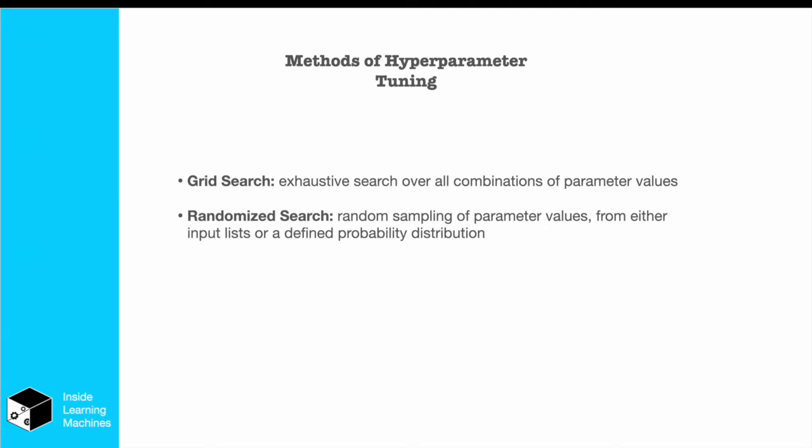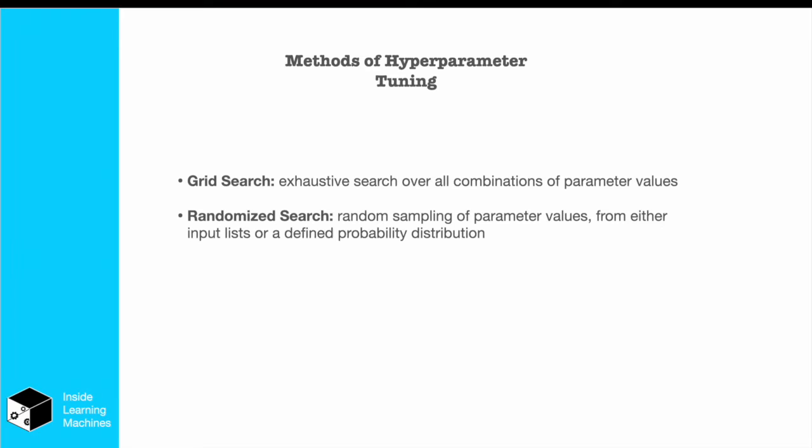Now the next method we'll be looking at is randomized search. Now in this case, what we do is random sampling over the possible parameter values. Now, we can do this in one of 2 ways. We can either define the parameter values as a set of lists, a list of parameter values for each hyperparameter, similar to what we did with grid search, or we can define a probability distribution.